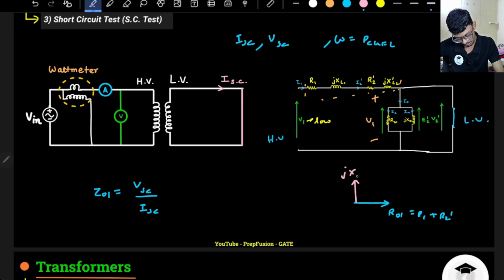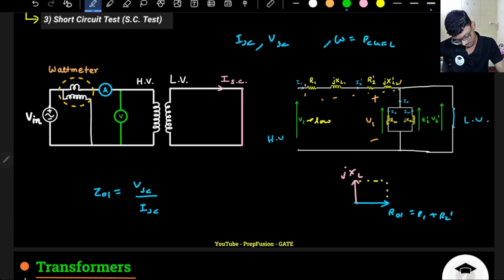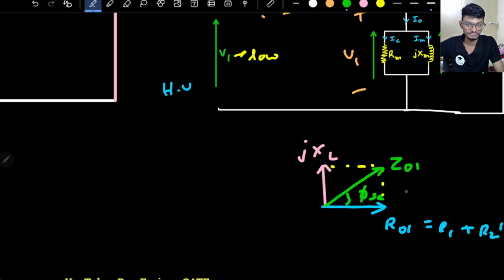This will be my jXL. Z01 will be the combination of these two, right? This is the angle phi SC, the phi SC angle.